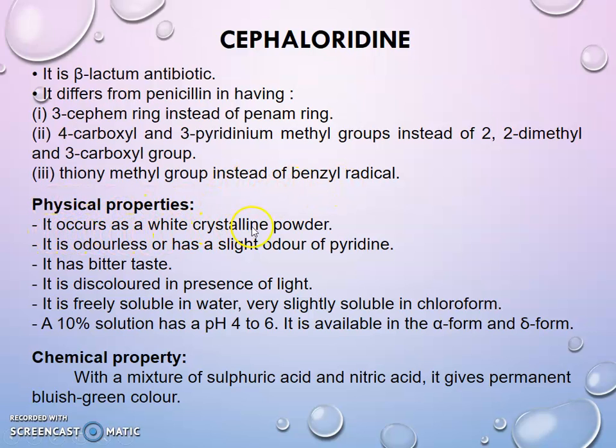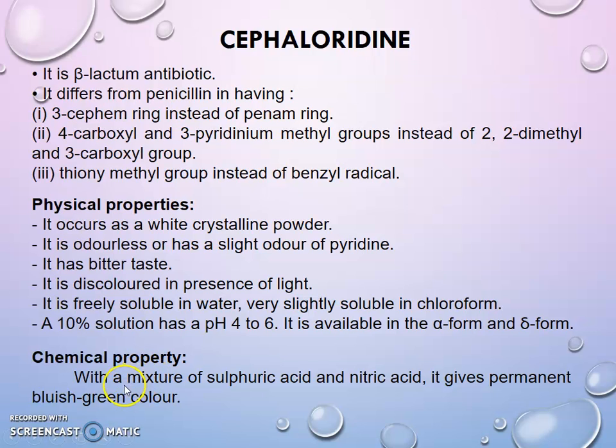It occurs as a white crystalline powder. It is odorless or has a slight odor of pyridine. It has a bitter taste. It is discolored in presence of light. It is freely soluble in water, very slightly soluble in chloroform. A 10% solution has pH 4 to 6. It is available in the alpha form and delta form.